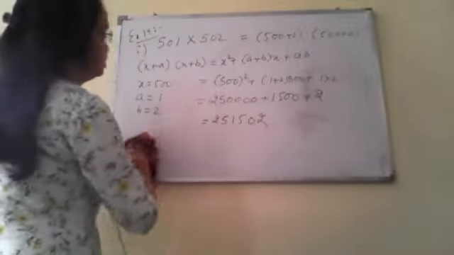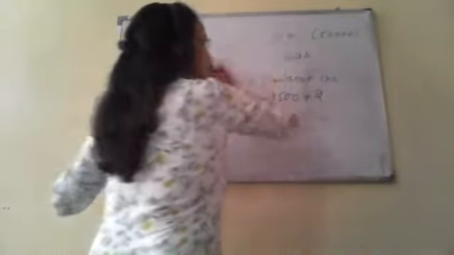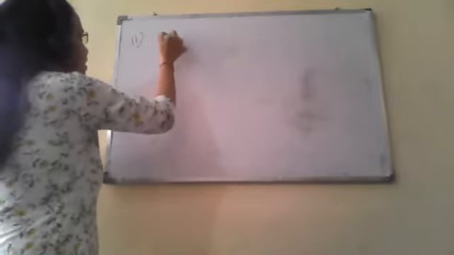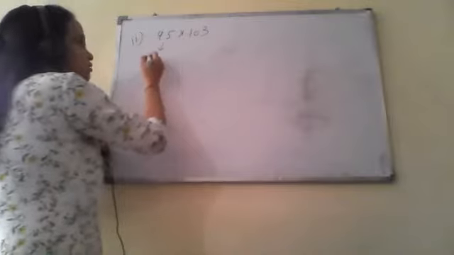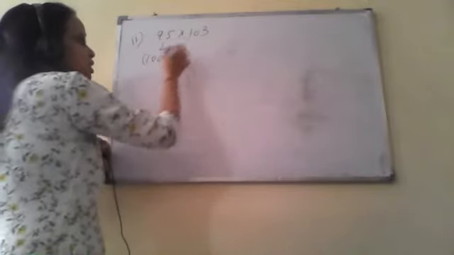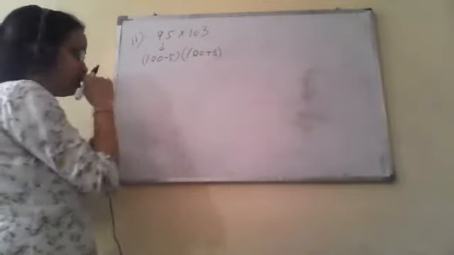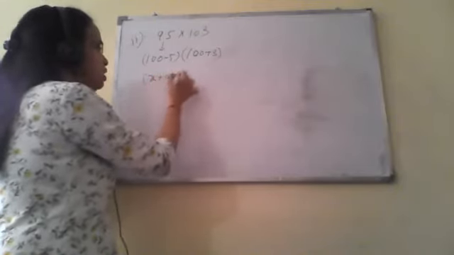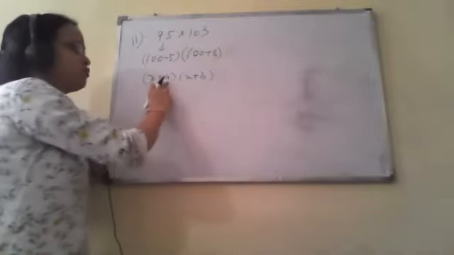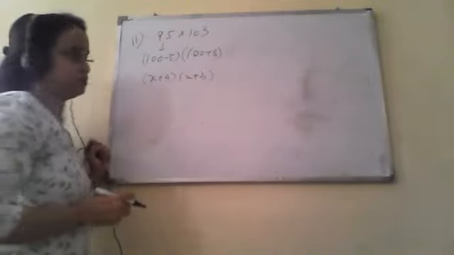Now quickly we will see the last part of this question. This is the second part, sorry. 95 into 103. So this 95 can be written as 100 minus 5, and this can be written as 100 plus 3. So the formula we have for (x + a) into (x + b), but in place of a we have minus a.